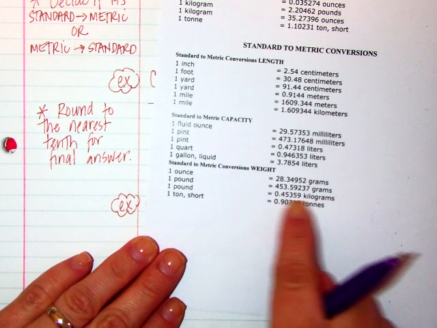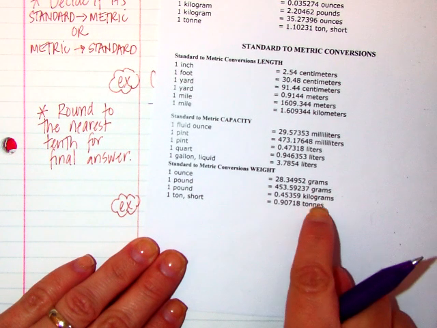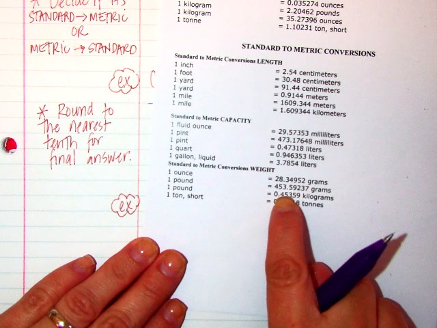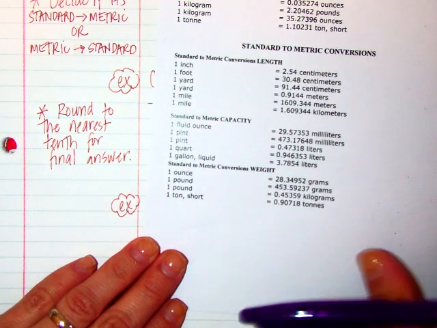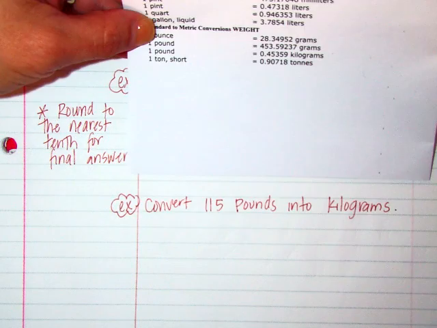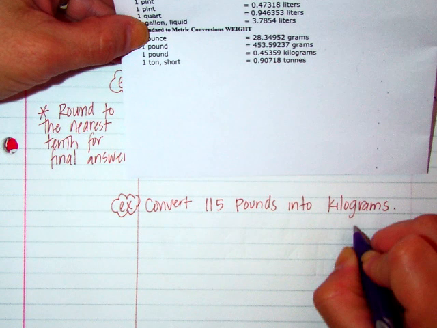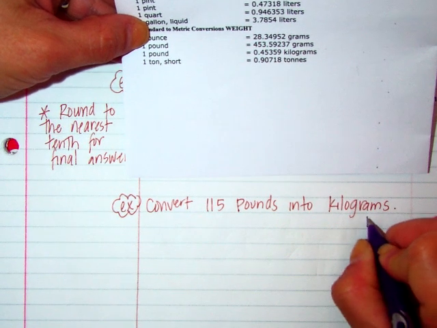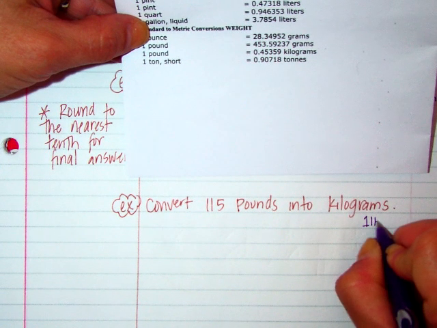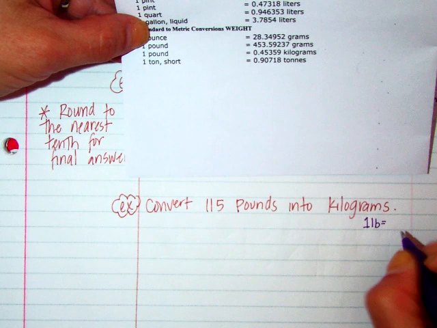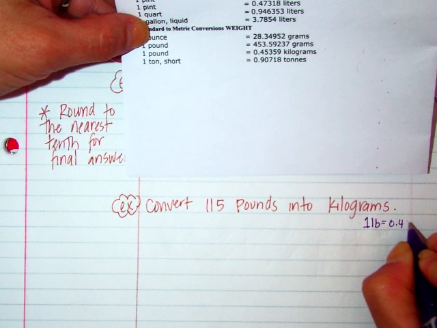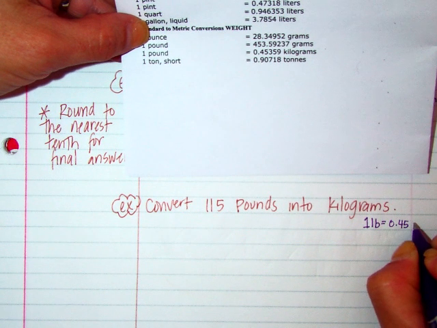Now that I know that the relationship we want is from pounds to kilograms. So looking here at pounds, it looks like I do have a relationship for grams and for kilograms. So we want this guy here, okay? So I am going to write that down right now before we get started with this problem. I have 1 pound. Remember, our abbreviation for pound is LB. And this is 0.45359 kilograms.